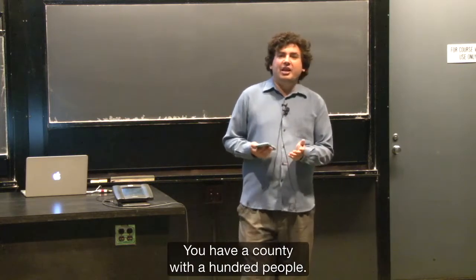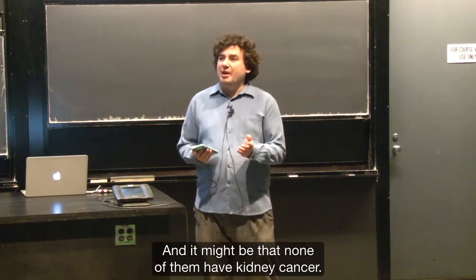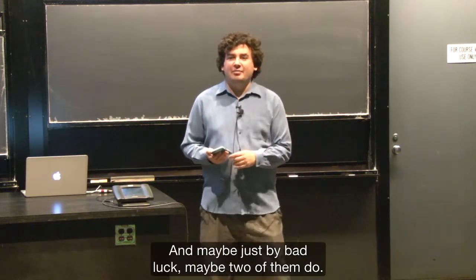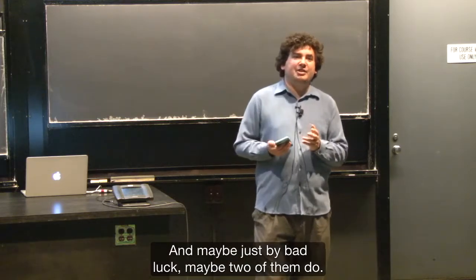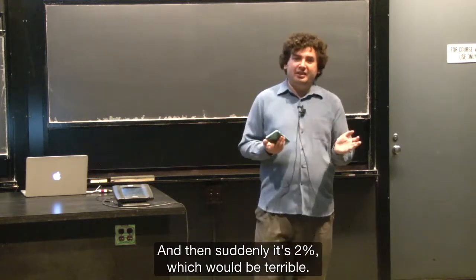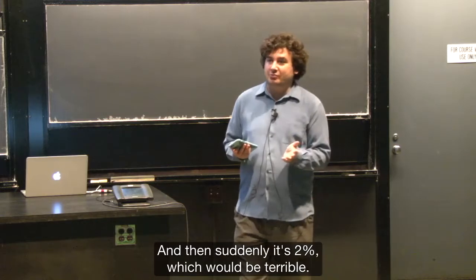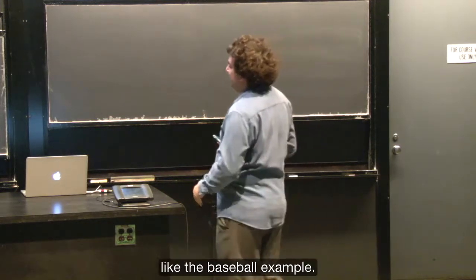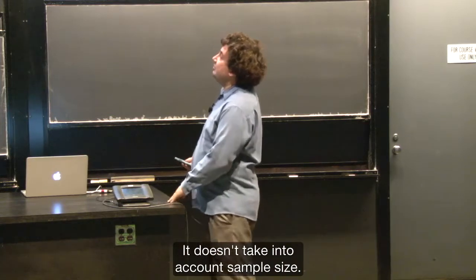It might be that none of them have kidney cancer, then the rate is 0, okay? And maybe just by bad luck, 2 of them do, and then suddenly it's 2%, which just would be terrible. So it doesn't adjust for any of that, like the baseball example. It doesn't take into account sample size.